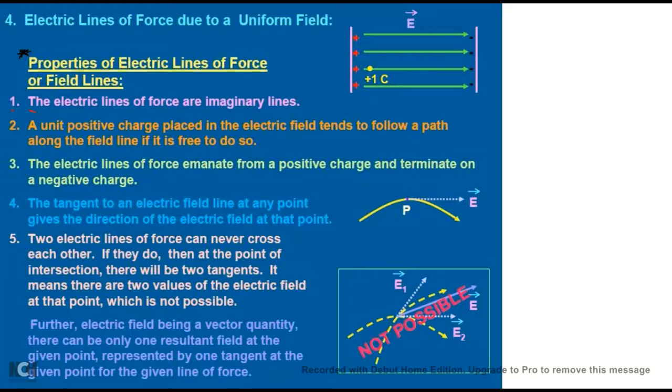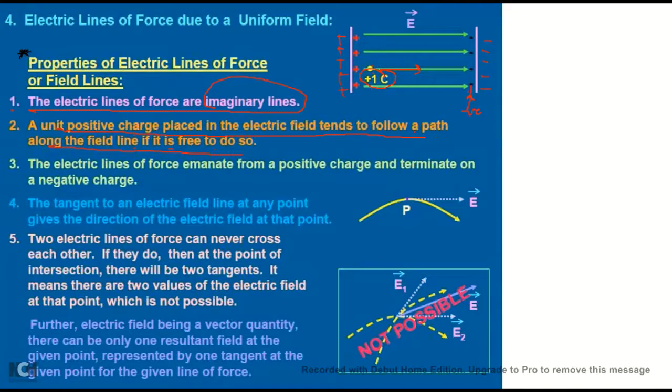Property number 1 says that electric field lines of force are imaginary. Property number 2: a unit positive charge placed in the electric field tends to follow a path along the field in which it is free to do so. It means if a unit positive charge is placed inside an electric field, it will move towards where the electric field lines terminate, at the negative. So this terminal will be considered as negative and this terminal as positive.